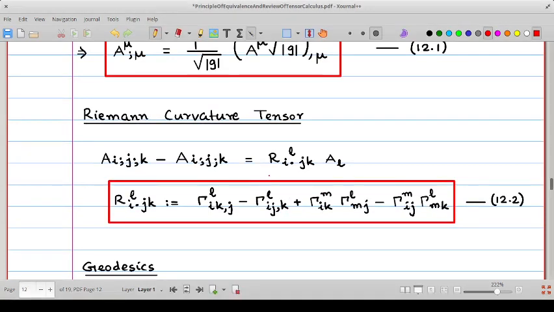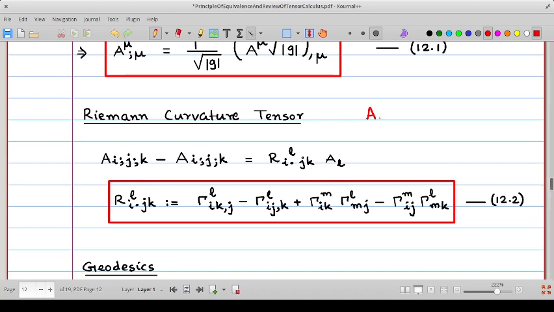We now review the definition of the Riemann curvature tensor from the tensor theory class. There we defined the commutator of the covariant differentiation in the following way.